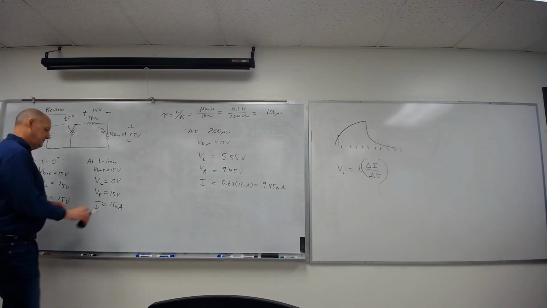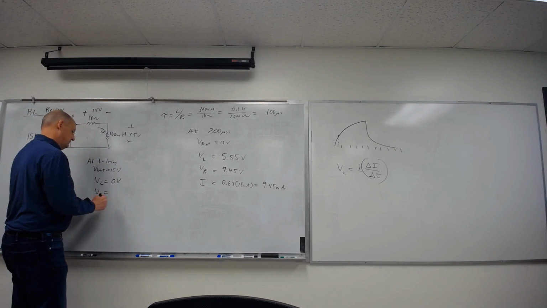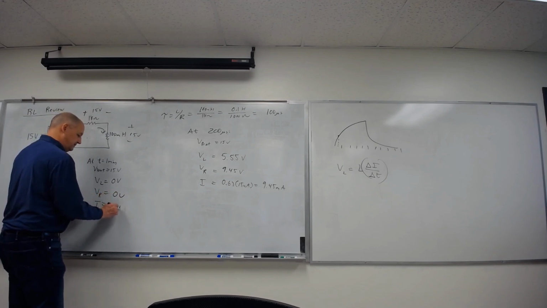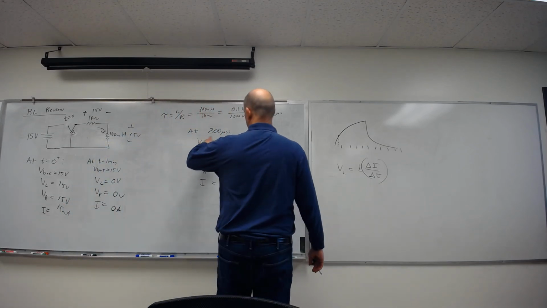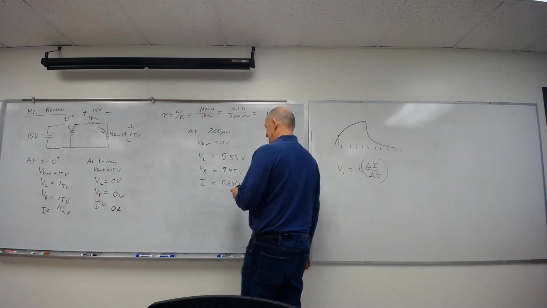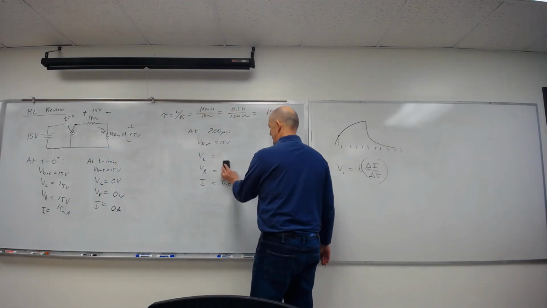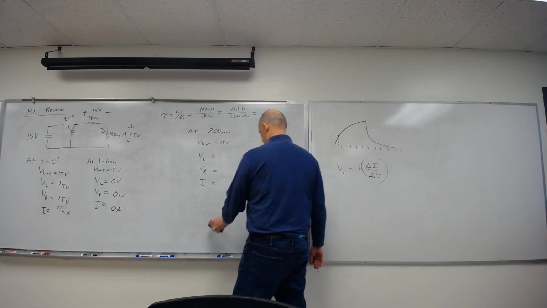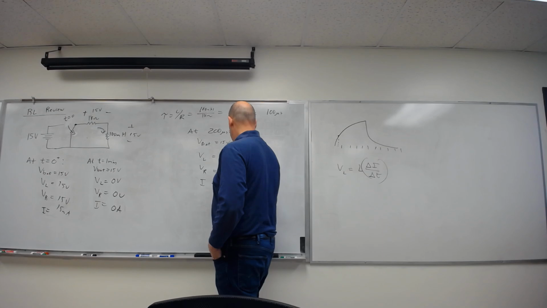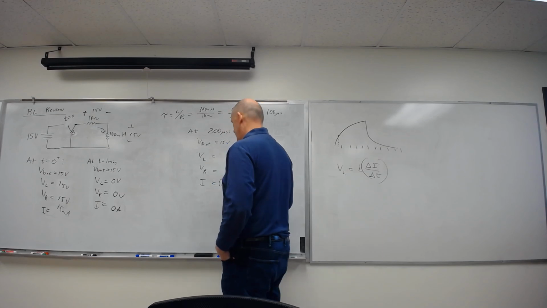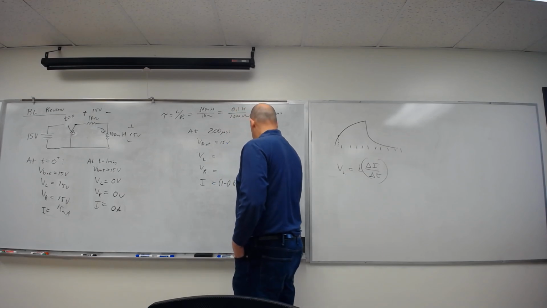After a while, we're going to dissipate. If I go to 200 microseconds, that means my current is 100 minus 63 percent, times 15 milliamps.